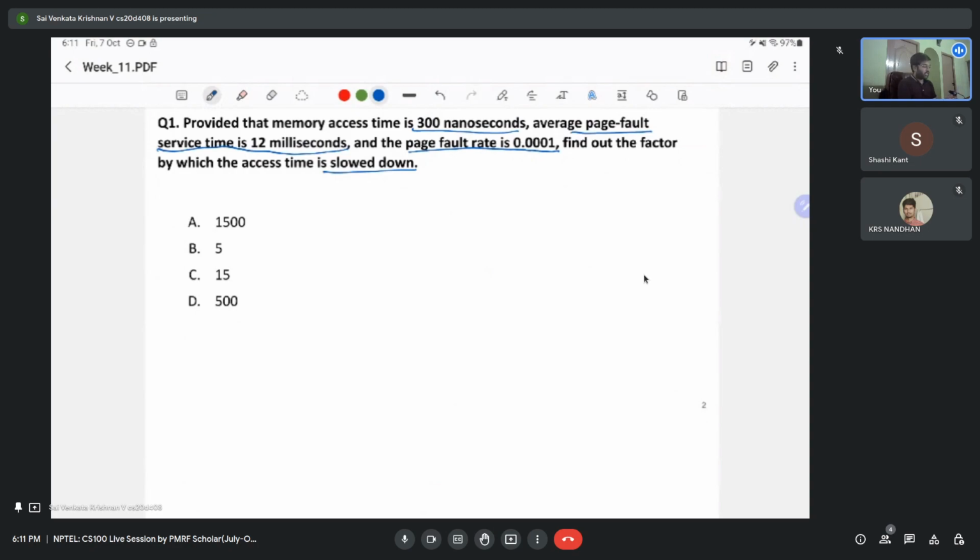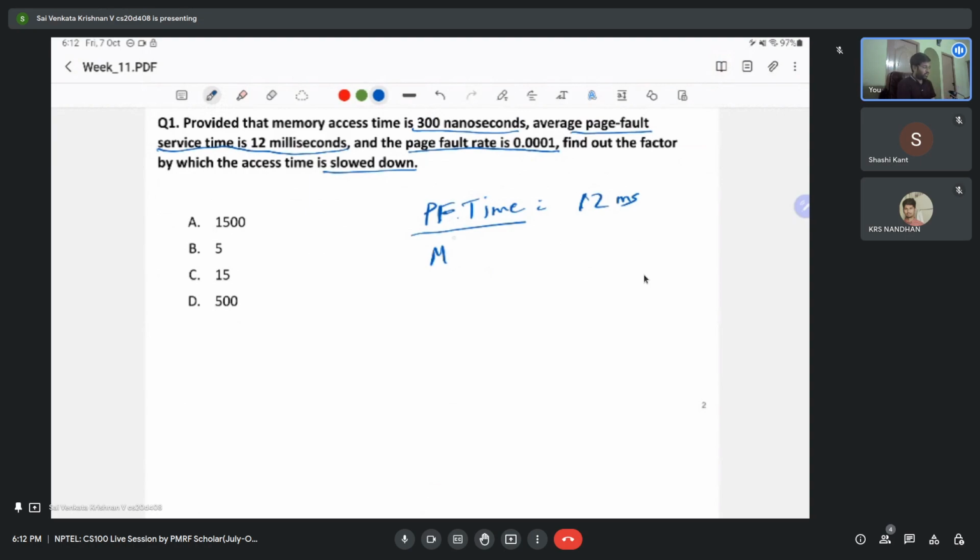So they have given your page fault time, which is 12 milliseconds, and this will happen if there is a page fault, to get the page from the disk into the memory and all those things.